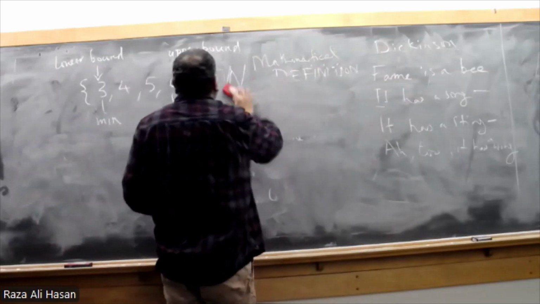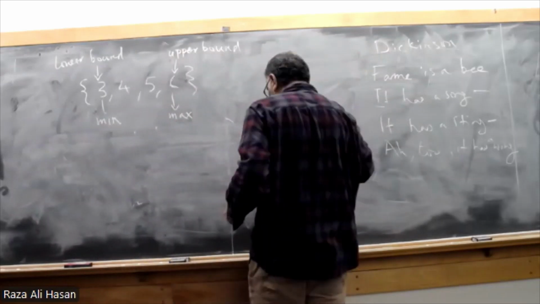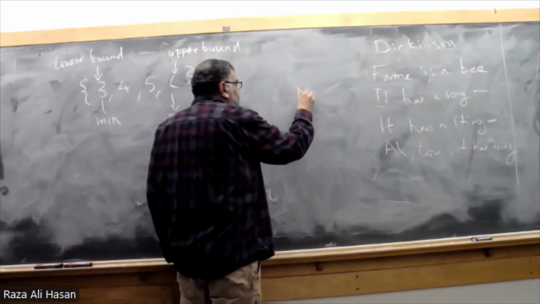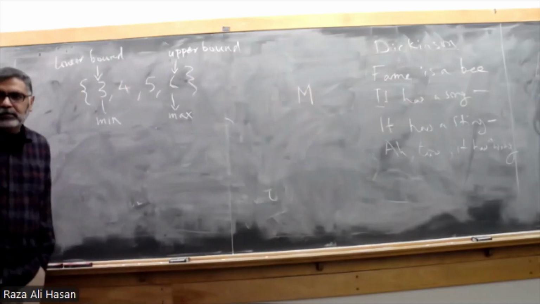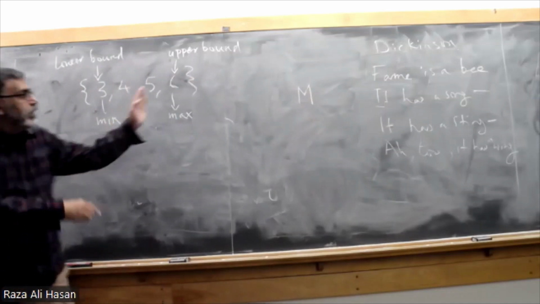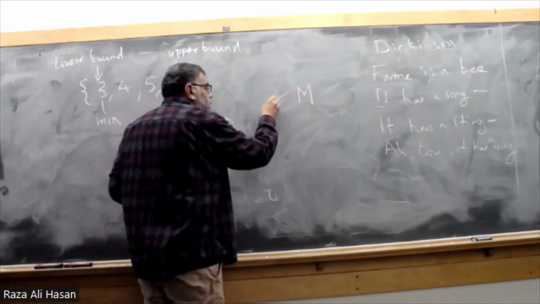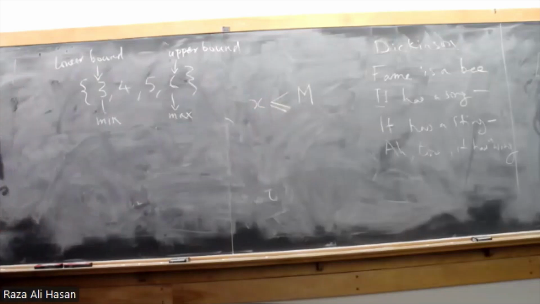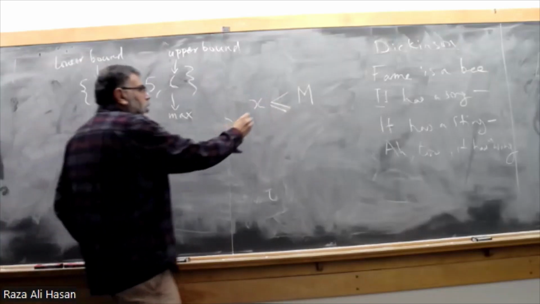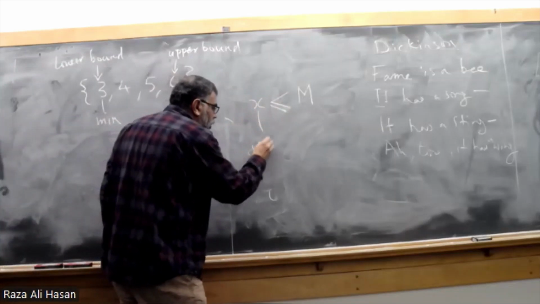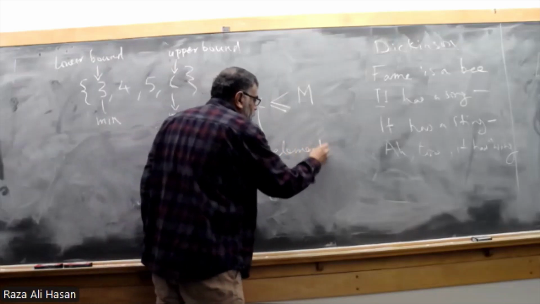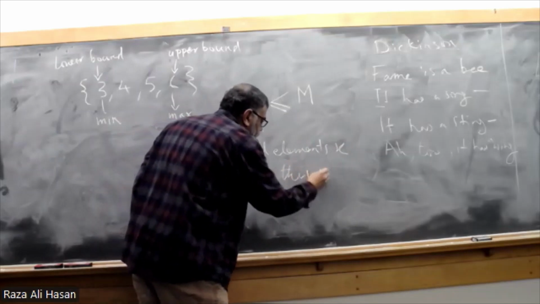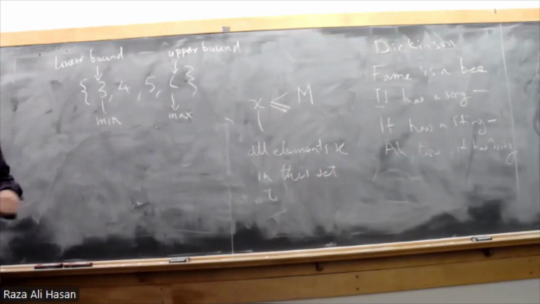So this is, if the letter M stands for an upper bound, right? An M can take any number, and then for all elements X in this set, as in this set that doesn't have a name, okay?